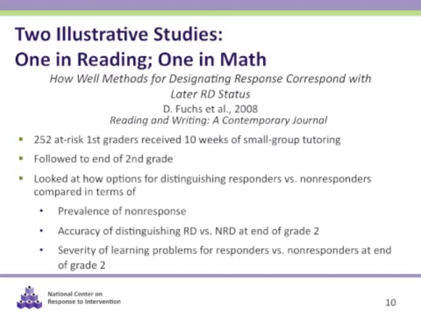And then we looked to see how the options for distinguishing responders from non-responders compared in terms of the prevalence of unresponsiveness, the accuracy of distinguishing reading disability from students who turned out not to have reading disability at the end of second grade a year later after tutoring ended, and also how the methods for distinguishing response versus non-response compared in terms of the severity of students' learning problems at the end of second grade.